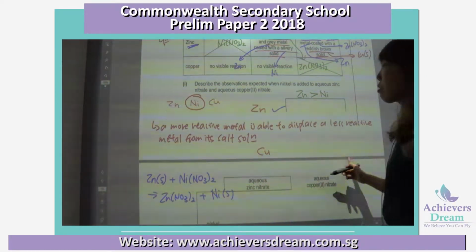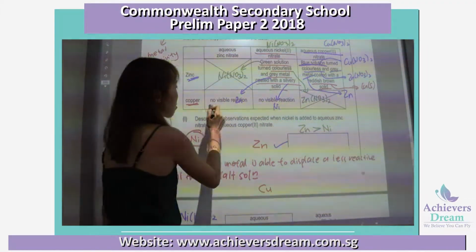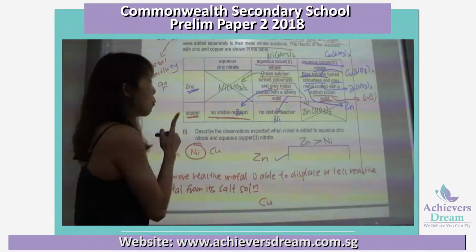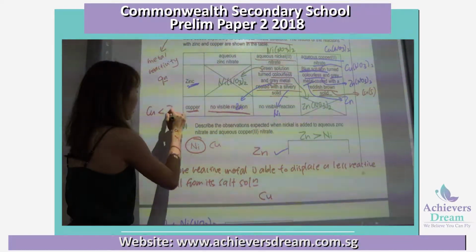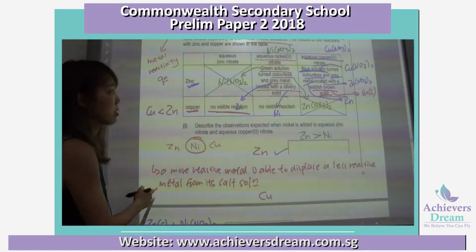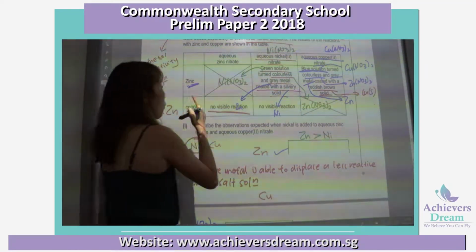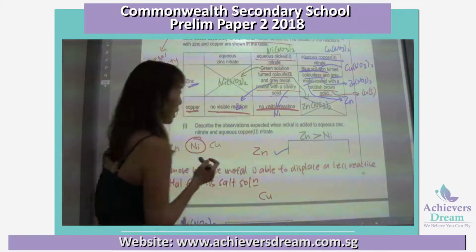Okay? So now when copper is added to aqueous zinc nitrate, there is no visible reaction. So what does it indicate? It means that copper is less reactive than zinc. That's why it is unable to displace zinc from its salt solution, correct? Then now when copper is added to aqueous nickel 2 nitrate, there is also no visible reaction.